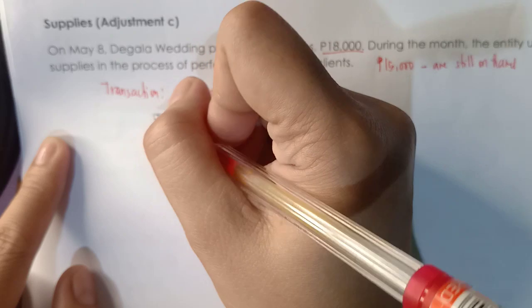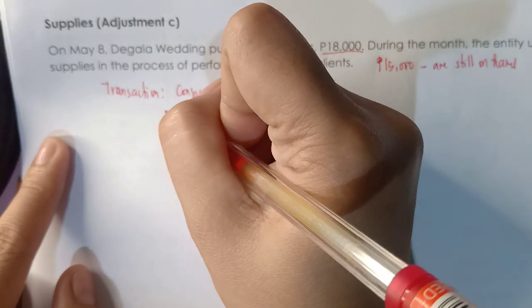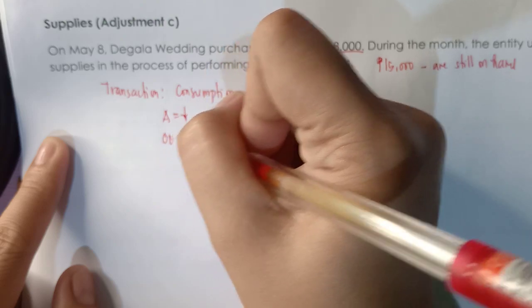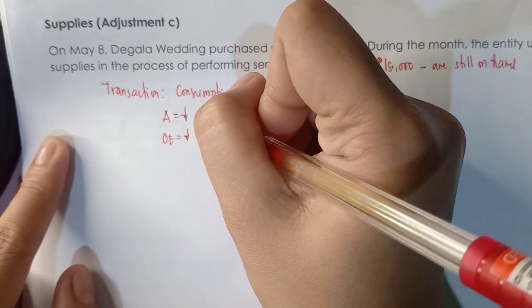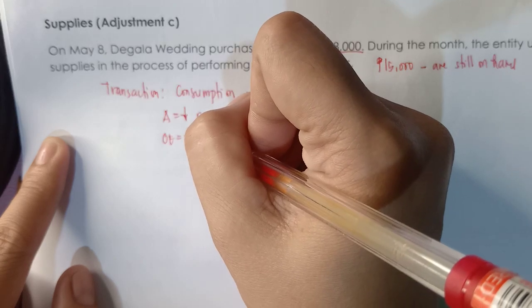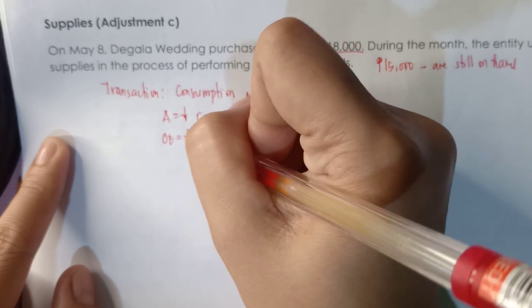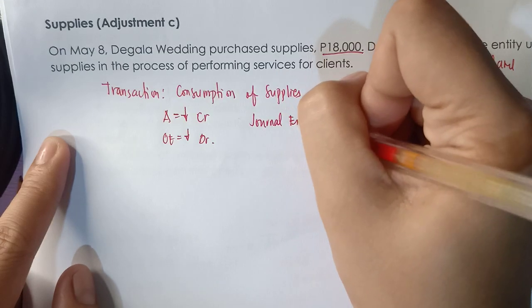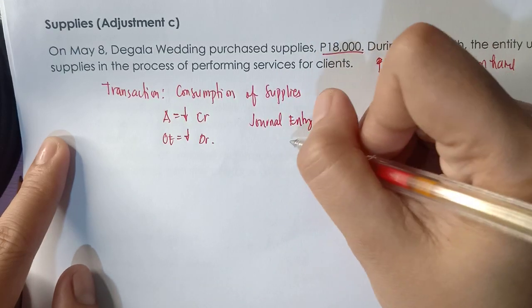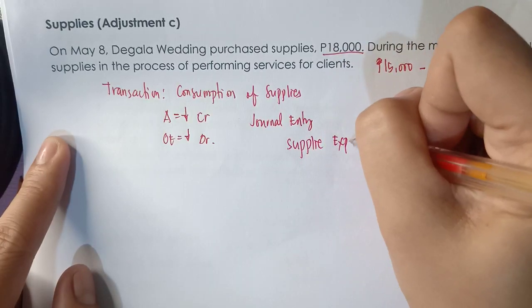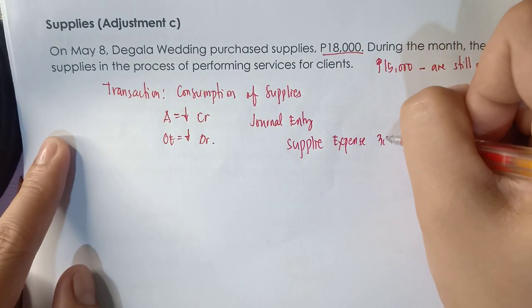Now, the analysis is that assets should be decreased and also owner's equity decreases. When assets decrease, credit. When owner's equity decreases, debit. Therefore, the journal entry is supplies expense worth how much? 3,000.